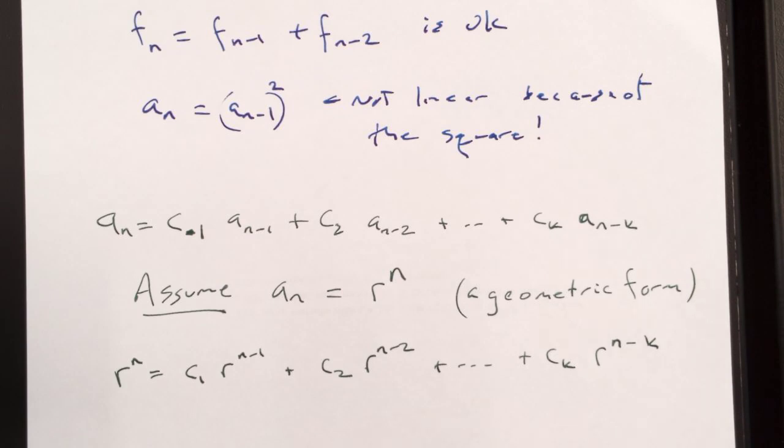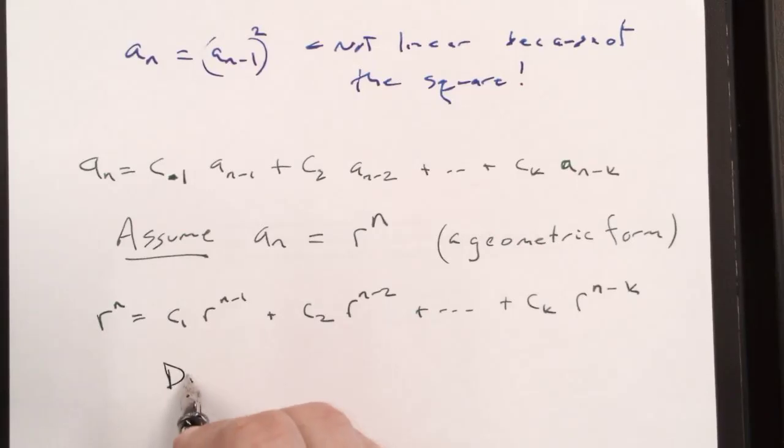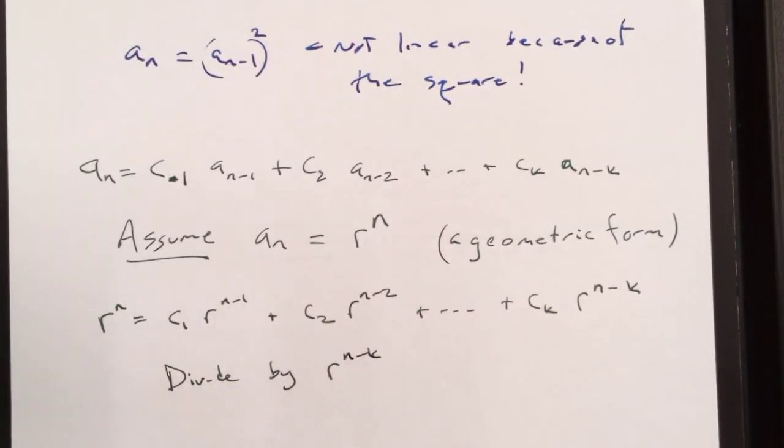There's a common factor of a power of r here. These powers are going down as I go from left to right. So this is the smallest power of r. I'm going to divide by that power. Divide by r to the n minus k.